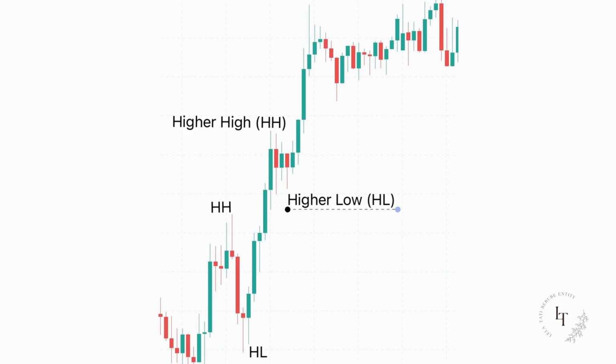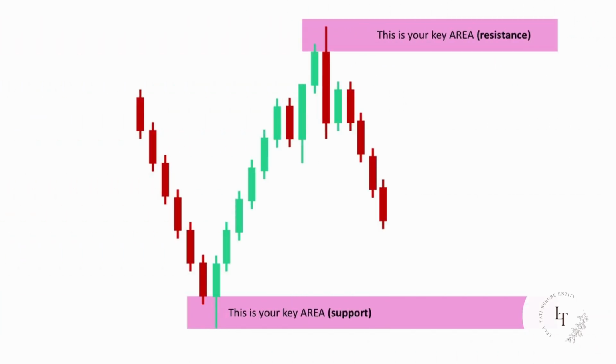So the market was on an uptrend, and then when it got to that level, it started off with a bit of rejection because the candles didn't have as much momentum on a bullish trend. But it got to a point whereby the bearish sellers got in and pushed the price down.